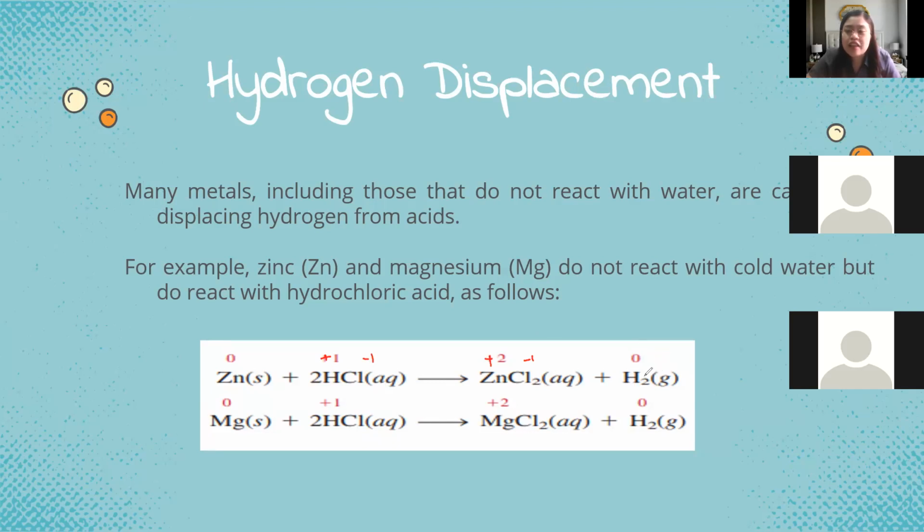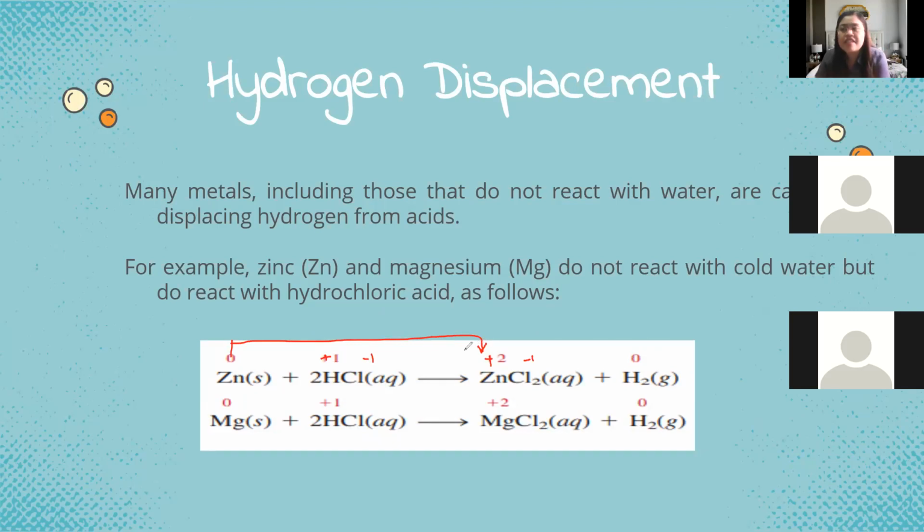While hydrogen that is being displaced becomes 0 now. Ganun na 0 na siya kasi again, hindi na siya nakakombine with other elements even if it is a diatomic molecule. So, si zinc now, from 0, it becomes positive 2.